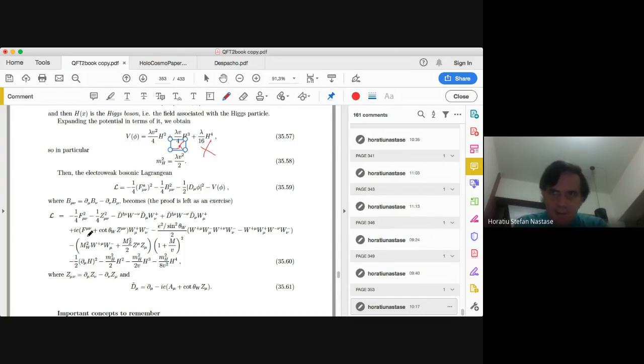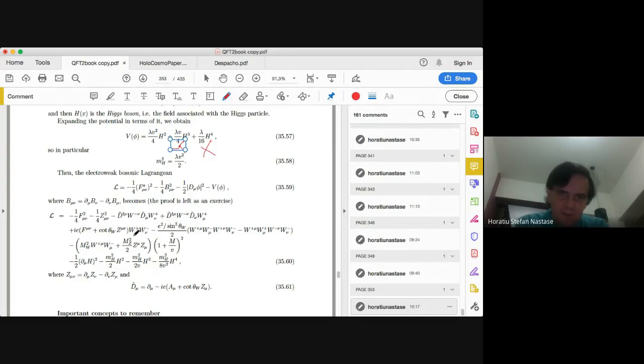Then I get this mass term for W plus W minus, with mW squared times 1 plus H over v squared. And then mass for Z with mZ squared over 2 Z mu squared.